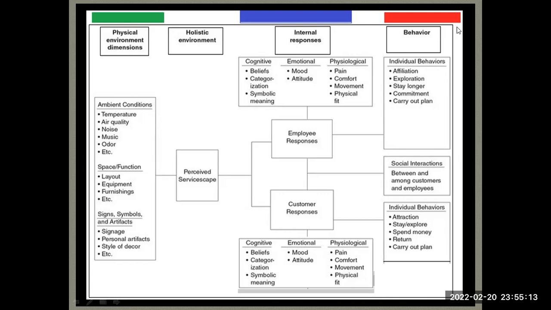And after studying the behavior of the customer, they have come up with a good combination of color, odor, music, noise, air quality, temperature, specific layout, equipment, furnishing, etc.